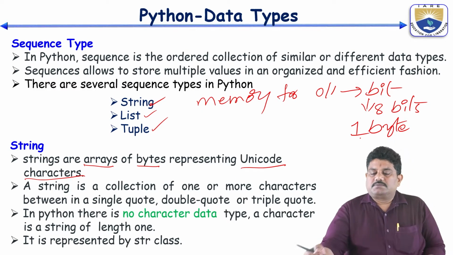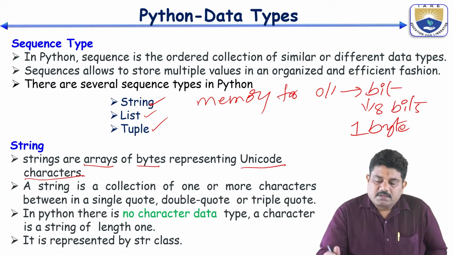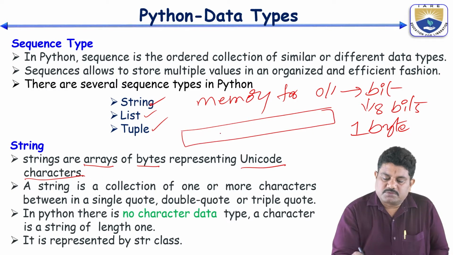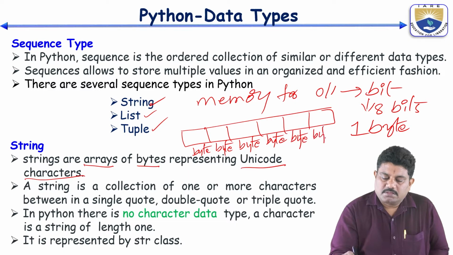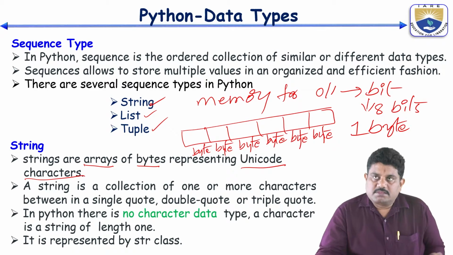Memory organization: 8 bits called 1 byte. Strings are arrays of bytes. Suppose like this: this is a byte, this is a byte, this is a byte. Like this, an array is a sequence.